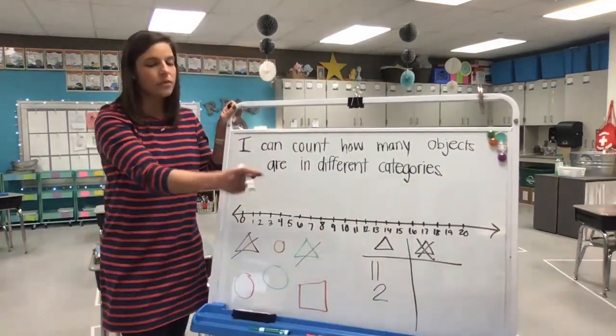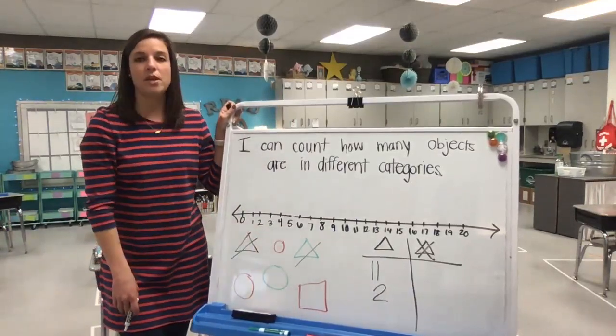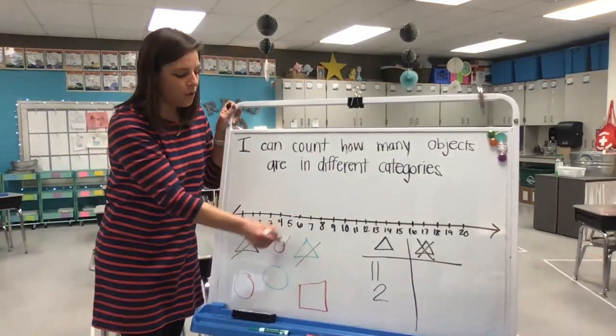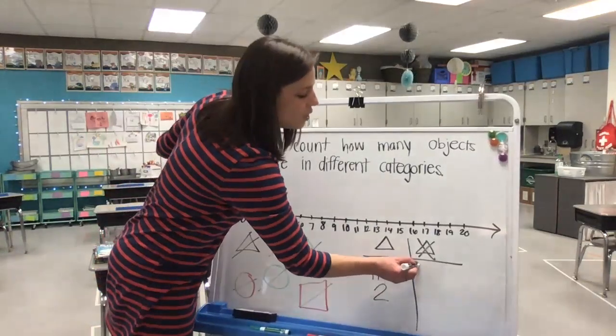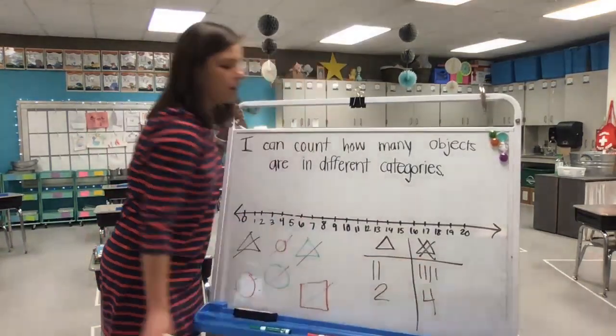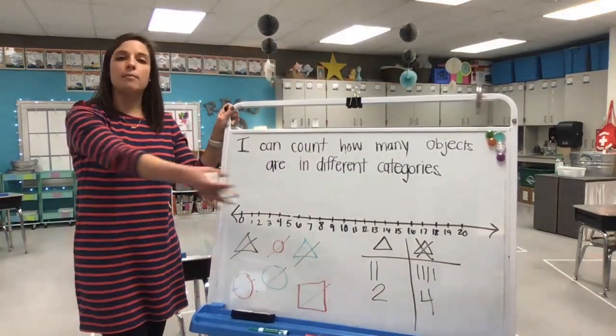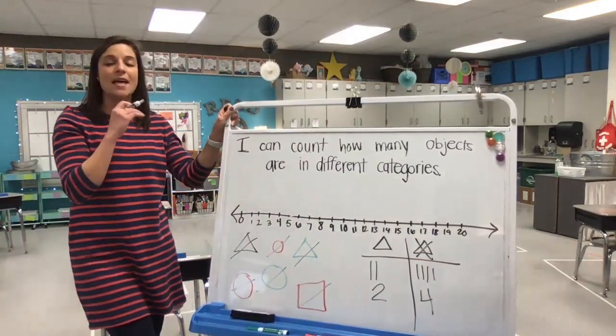All right, now let's count the shapes that are not triangles. We have circles and a square up here. So let's count how many there are all together. 1, 2, 3, 4. There are 4, so I'm going to draw 4 lines and then write a 4. So now I can compare which group I have more of and which I have less of.